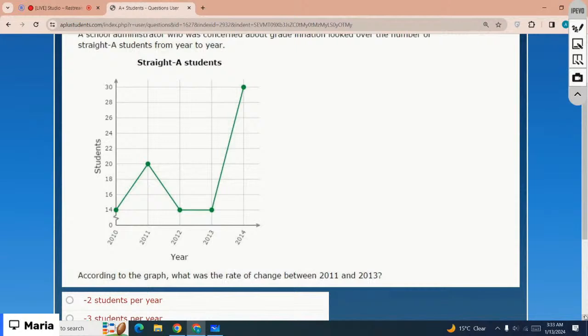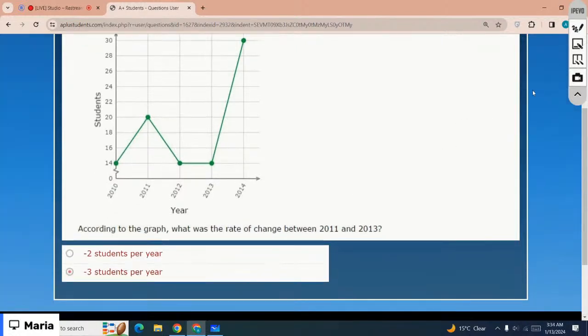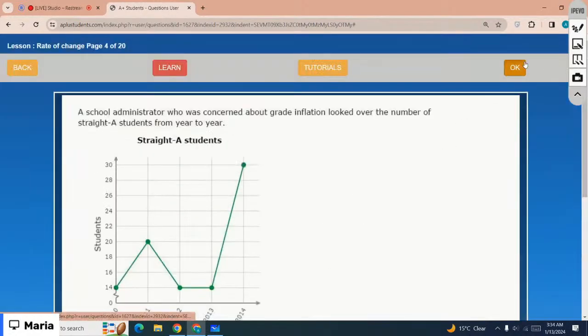That is negative 3 students per year, right? The correct option is negative 3 students per year, right?